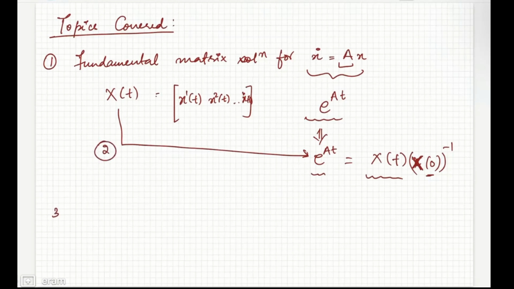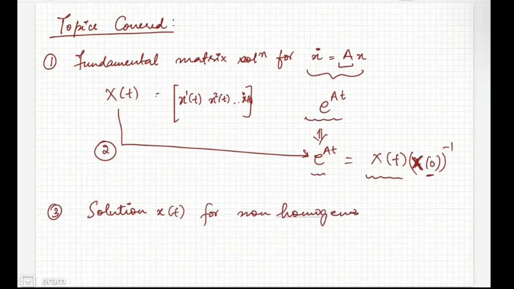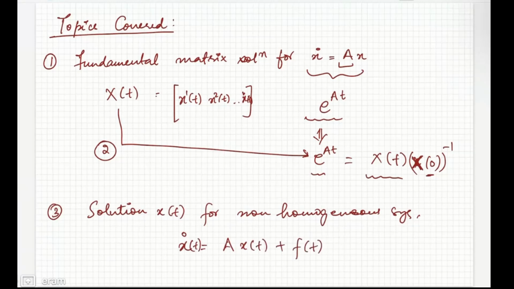And then how to find the solution x(t) for a non-homogeneous system. So what are non-homogeneous systems? Systems of the form x dot(t) equals Ax(t) plus a term f(t).